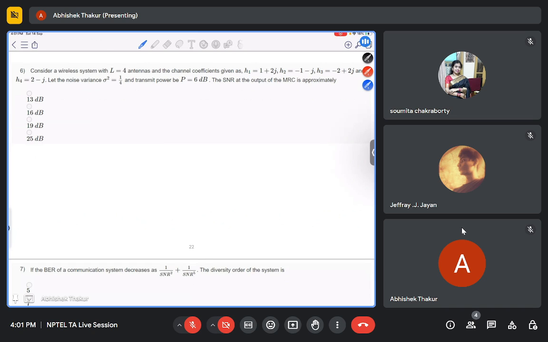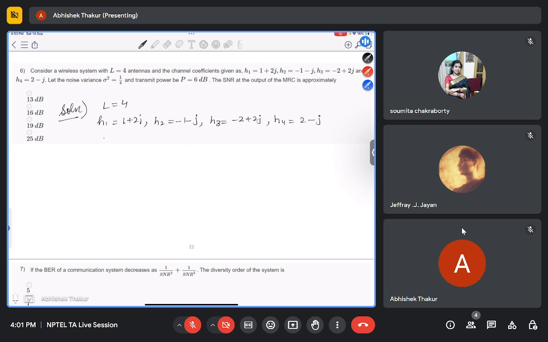Now coming to question number 6. In question number 6, consider a wireless system with L equal to 4 antennas, and the channel coefficient H1 is given as 1 plus 2j, H2 is given as minus 1 minus j, H3 is given as minus 2 plus 2j, and H4 is given as 2 minus j.